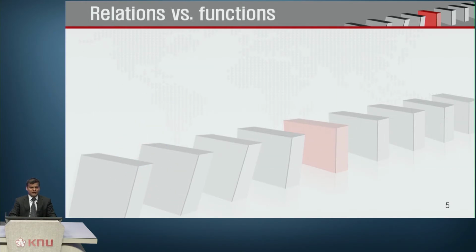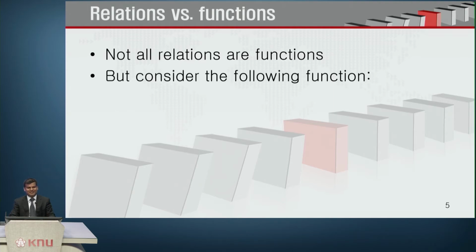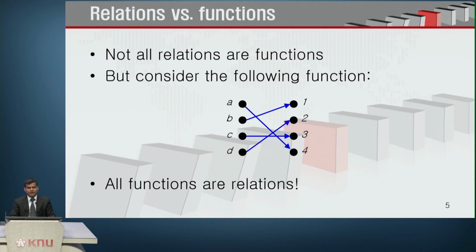Let's move ahead and see the similarities and differences of relations versus functions. Not all relations are functions, but consider the following function here. Say A is mapped to 4, B is mapped to 1, C is mapped to 3, D is mapped to 2.